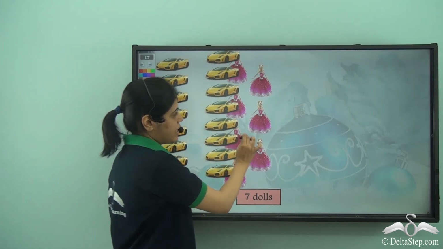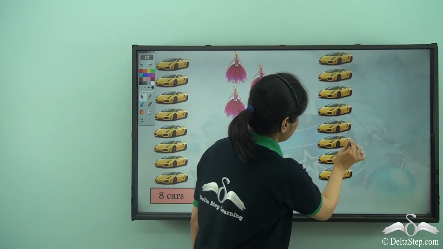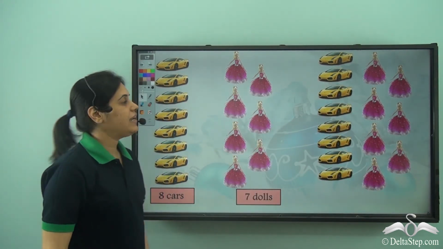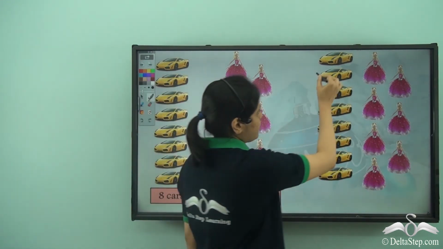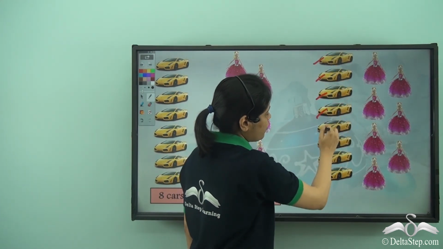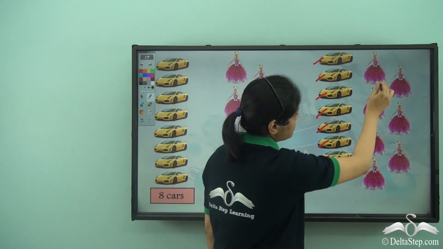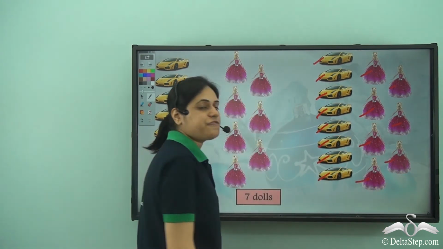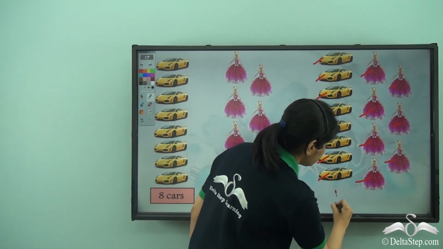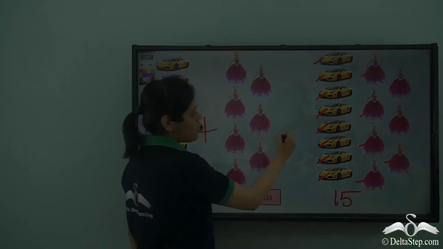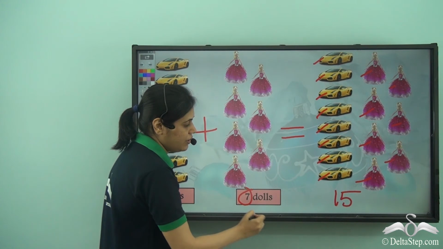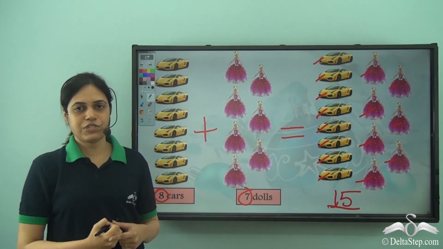So let's put these 8 cars together along with these 7 dolls and let's count them all. 1, 2, 3, 4, 5, 6, 7, 8, 9, 10, 11, 12, 13, 14, 15. So there are 15 gifts. So 8 cars plus 7 dolls gives 15 gifts. So 8 plus 7 gives us 15.